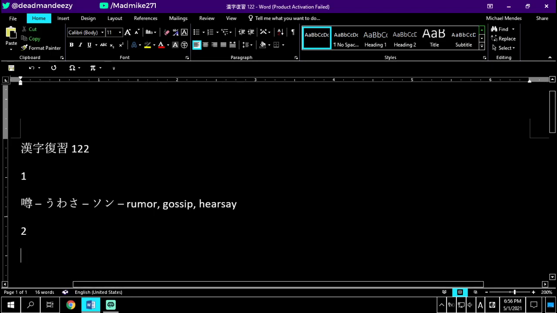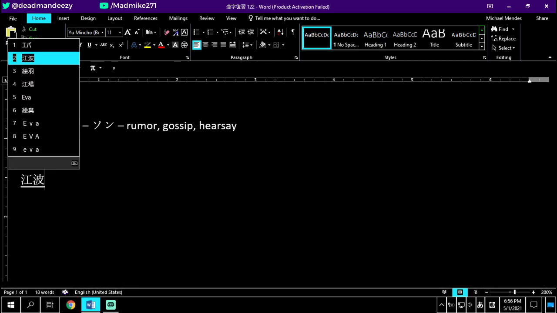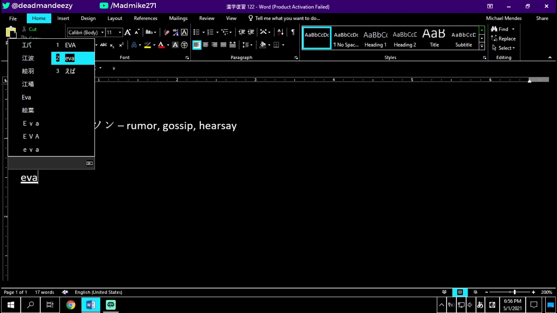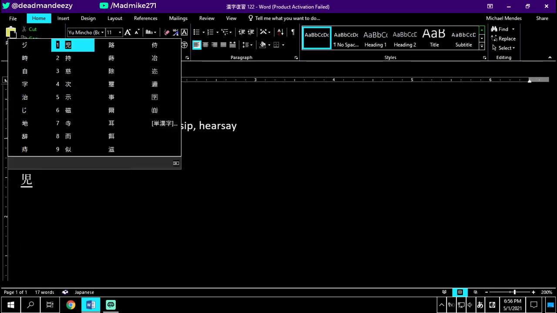Number 2 for the day. I'm going to try to find it. At the left side is the kanji from ame, and the right side is ear.